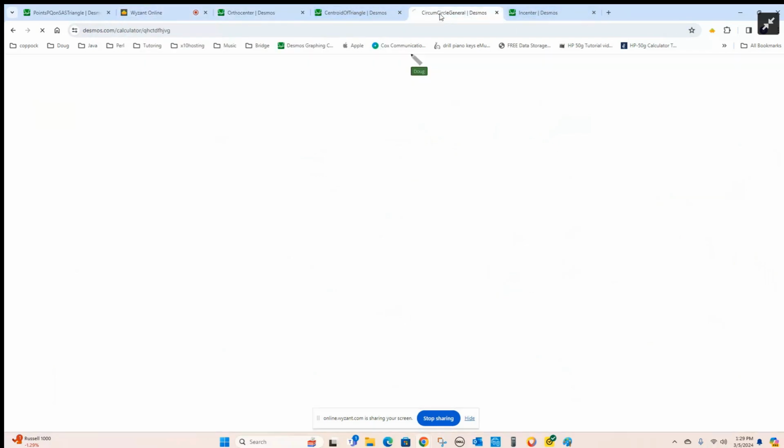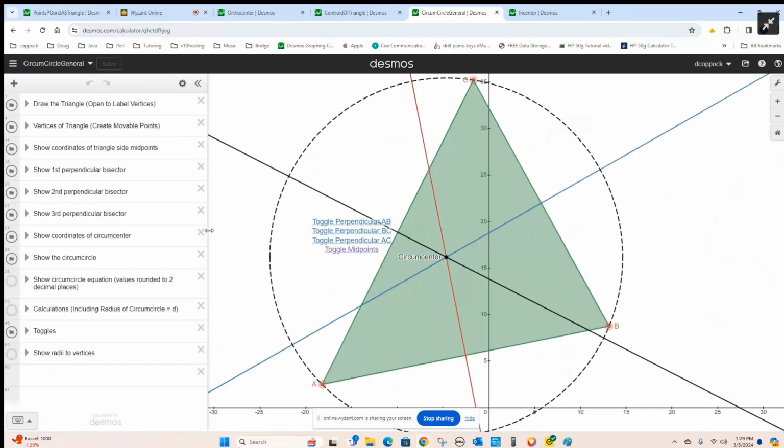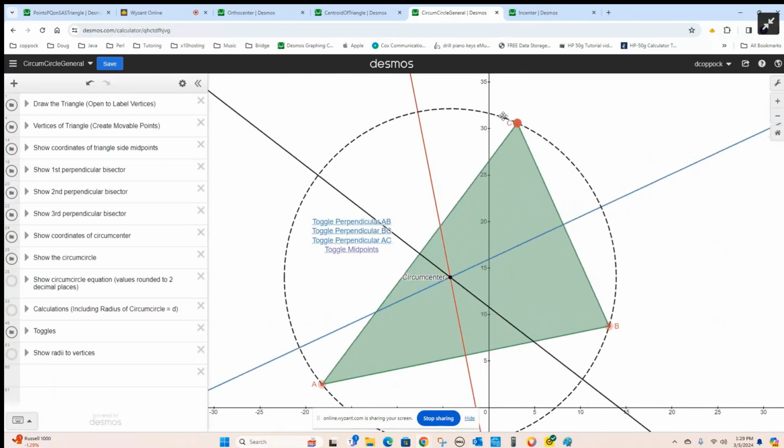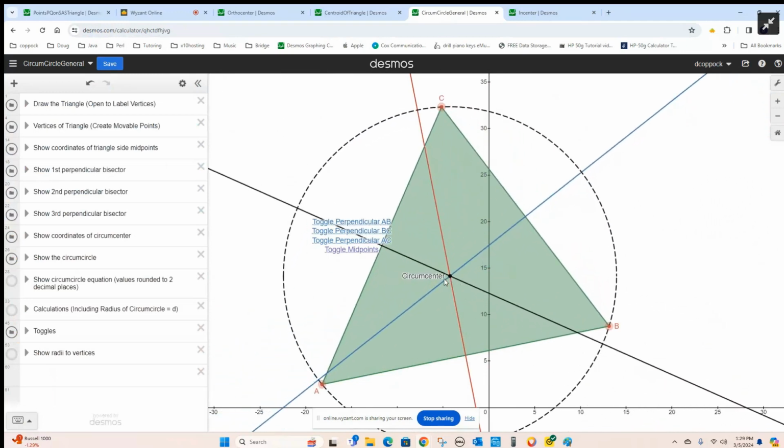Let's try perpendicular bisectors. Perpendicular bisectors of each side of the triangle meet at a point called the circumcenter. That means the distance from the circumcenter to each vertex is identical because they all lie on the perpendicular bisectors of those sides. And so we've got what's called a circumcircle.